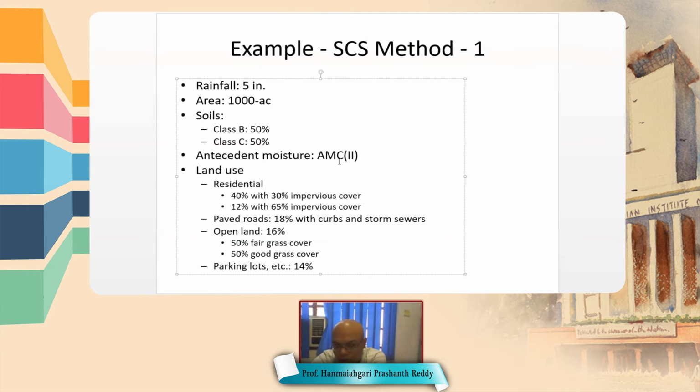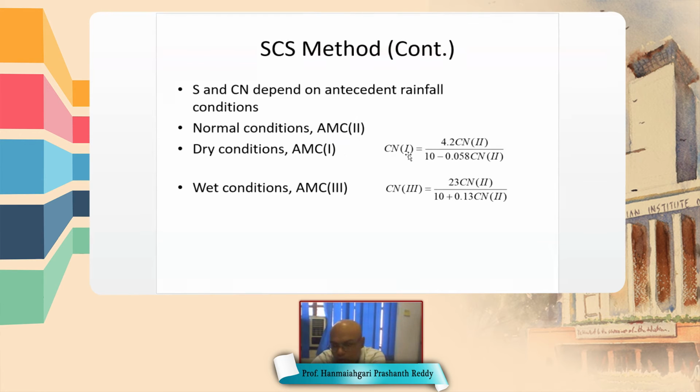Suppose in the question the antecedent moisture condition is either 1 or 3, then we have to account for that. The curve numbers for 1 and 3 are given here, so by knowing 2, we can correct it for antecedent moisture conditions 1 and 3.